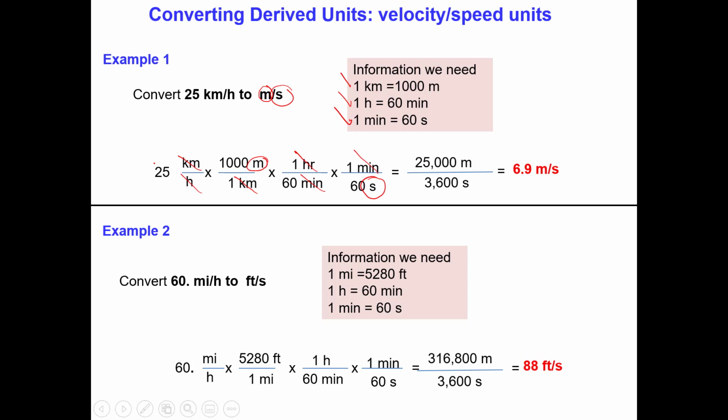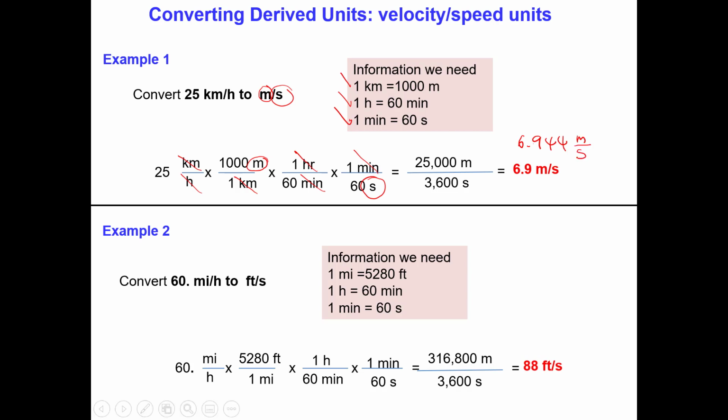Now to do the math, you just multiply as if they were fractions. Then 25 times 1,000 is 25,000. What we had in the denominator is 60 times 60, which is 3,600 seconds. And this is the unit we want. If we divide these two numbers, the answer is 6.944 meters per second.